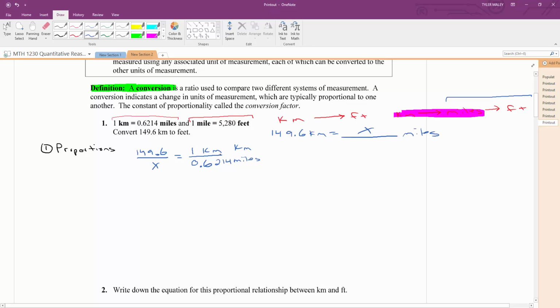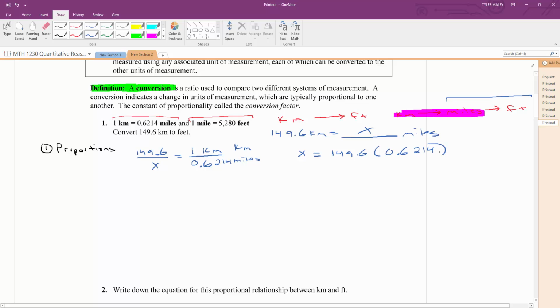So now we need to solve for X. You should be pros at solving proportions by now. So we need to cross multiply. I would end up getting X equals 149.6 times 0.6214.